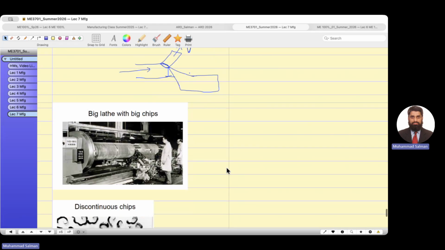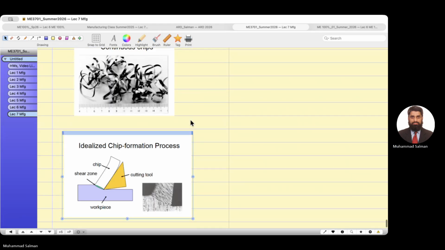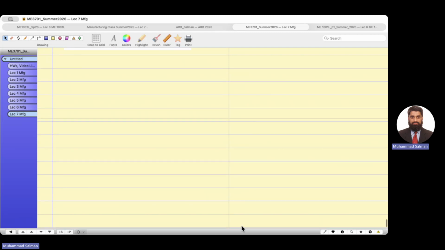I think I drew this picture here. It's different. Please draw this picture. This picture is talking about the milling machine.